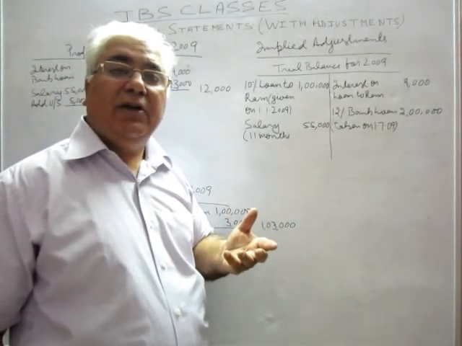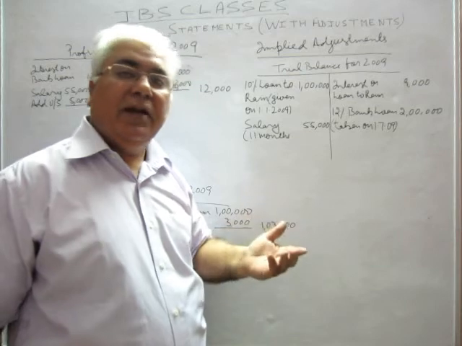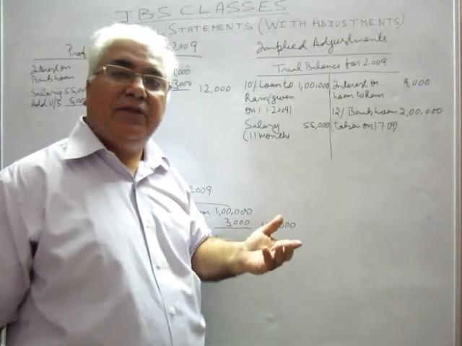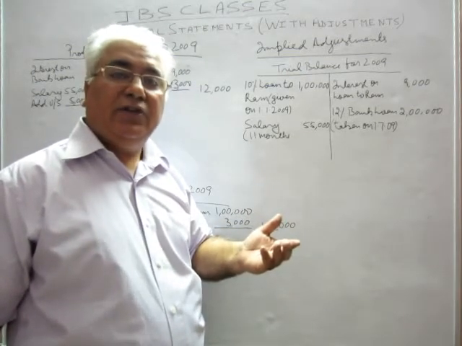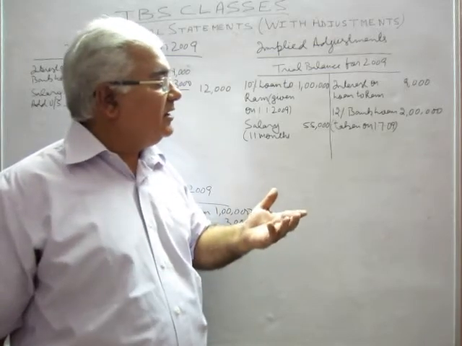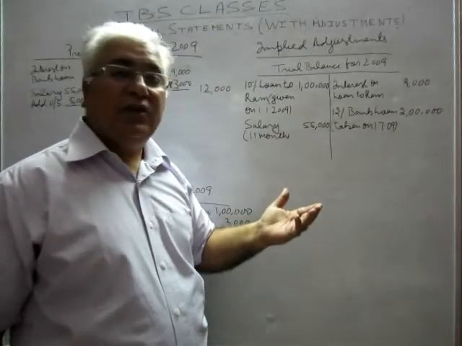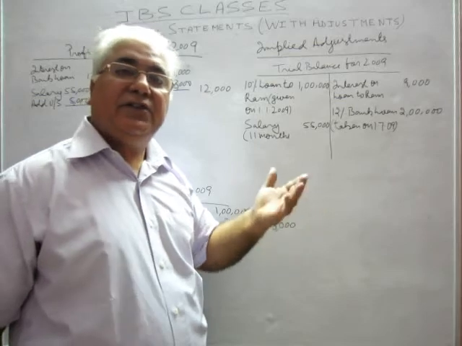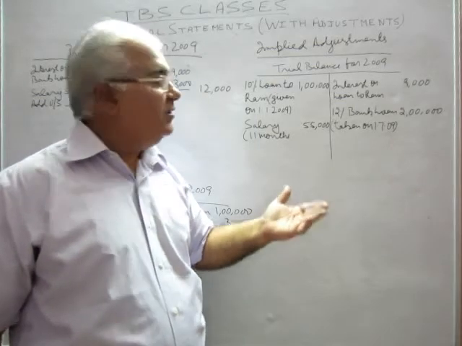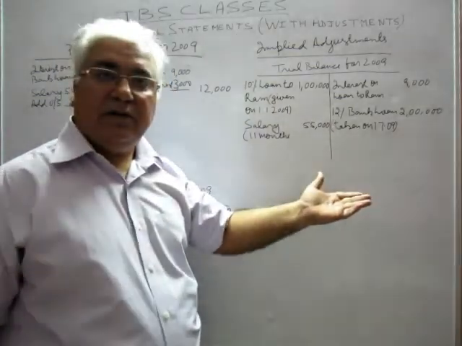So this fact we have to bring into books. We shall put an entry for this. What shall be the entry for this? Naturally, you have to create an asset, that is interest receivable. So your entry shall be interest receivable account debit to Ram's loan account.